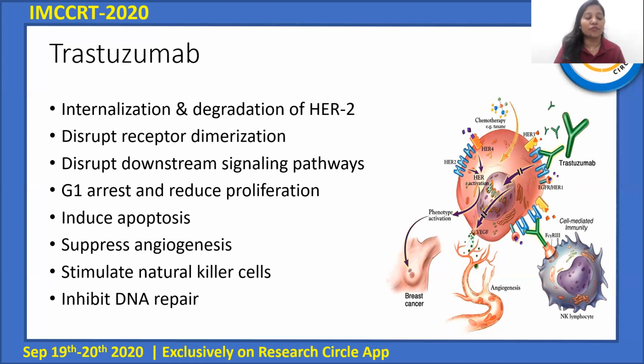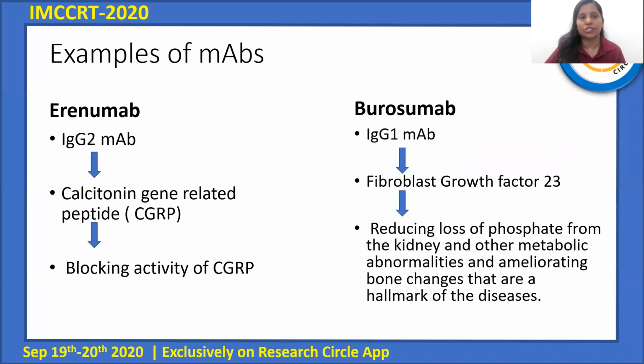Also some anti-cancer antibodies like rituximab are used for cancer treatment along with trastuzumab. And some inhibitors of angiogenesis like bevacizumab also show very prominent effects in the clinical condition.